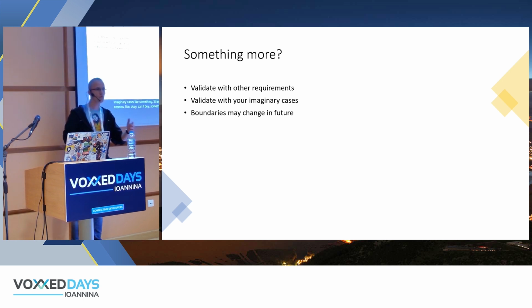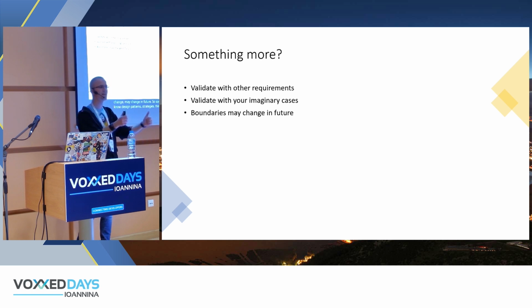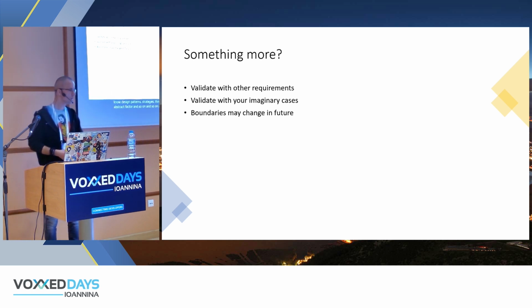Some of you may know design patterns: strategy, singleton, abstract factory, and so on. The cool thing with those patterns is you implement them and they work. Great. With bounded context, it's no longer true.